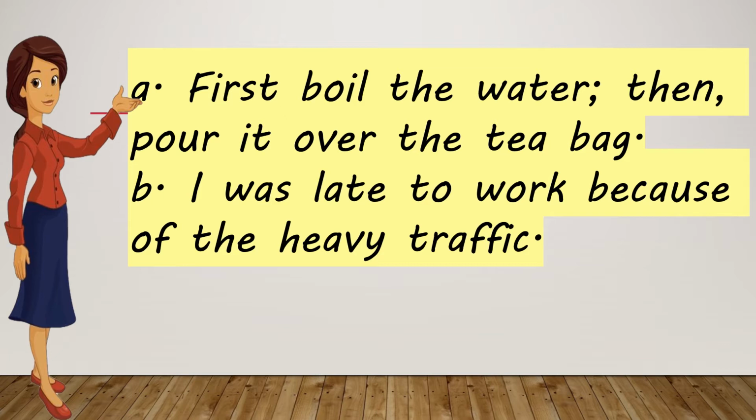So the word then is used to add the second idea to the previous statement. In letter B, it is used to add the second idea, which is the addition.